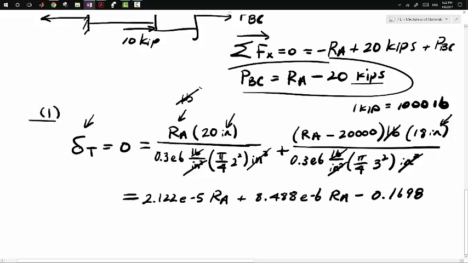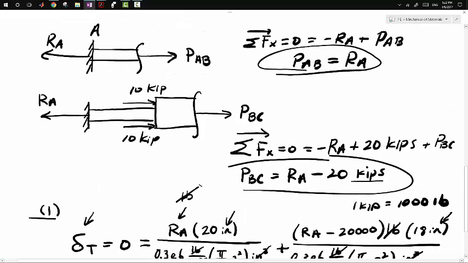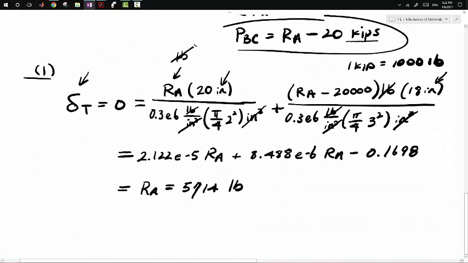And I did a little bit of rounding there. But when we solve for RA, our RA should equal 5,714 pounds. Notice it's a positive value, so that means our assumed direction, which we assumed RA to be in tension, a tensile force, is correct.